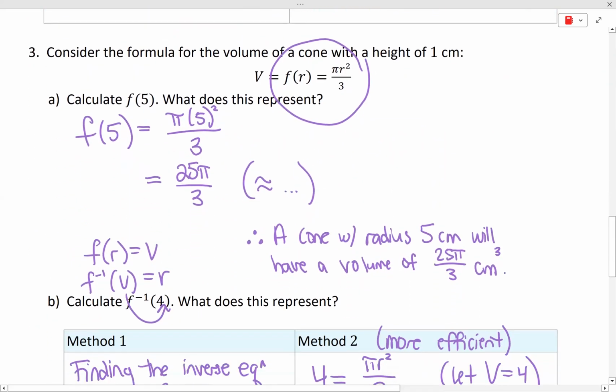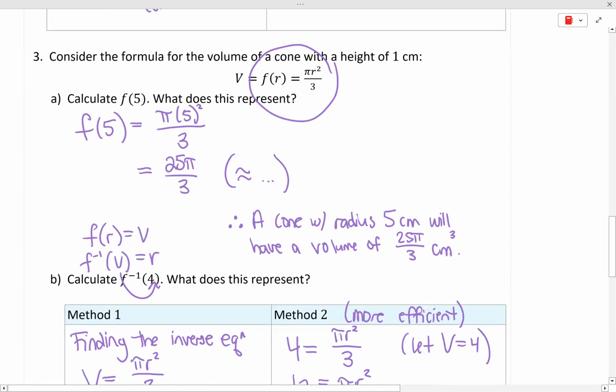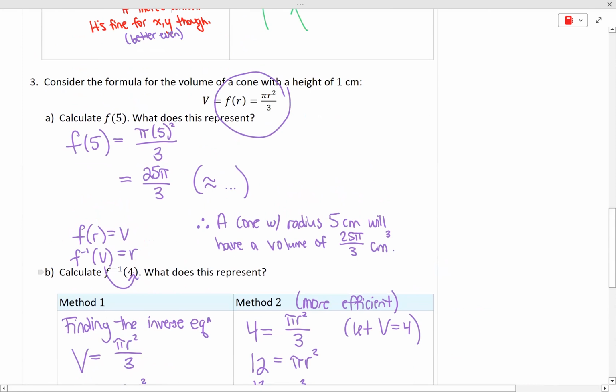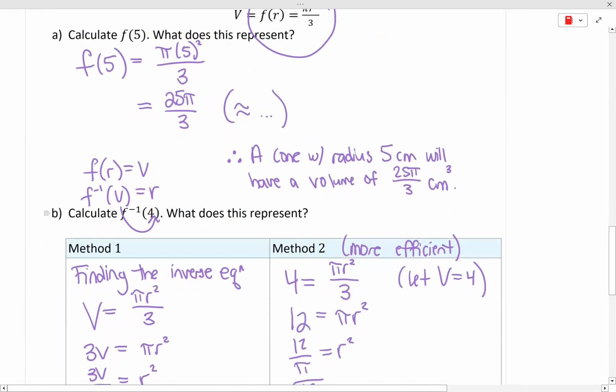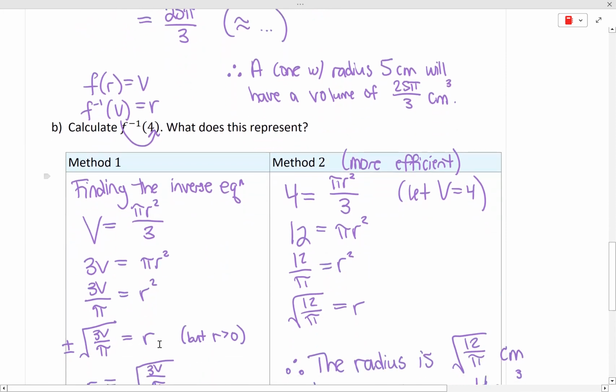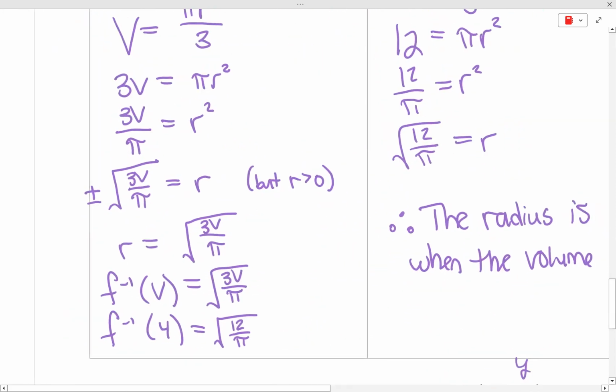Okay, again, for question number 3, it's asking us for f inverse at 4. So there's two ways of doing that. You could first find the inverse equation and then sub in 4. Keep in mind that if you are undoing a square, you should add a plus or minus. In this particular case, it's the radius, and radius is always positive, so we actually don't need the minus version of that.